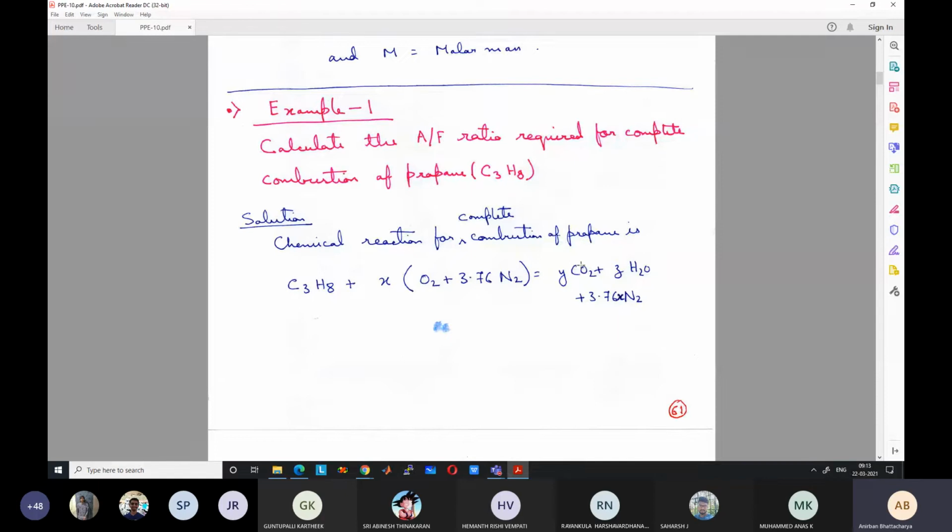If the amount of air is still less, then some of the fuel itself will remain unburnt. So for complete combustion, all the carbon gets converted to CO2 and all the hydrogen gets converted to water vapor.